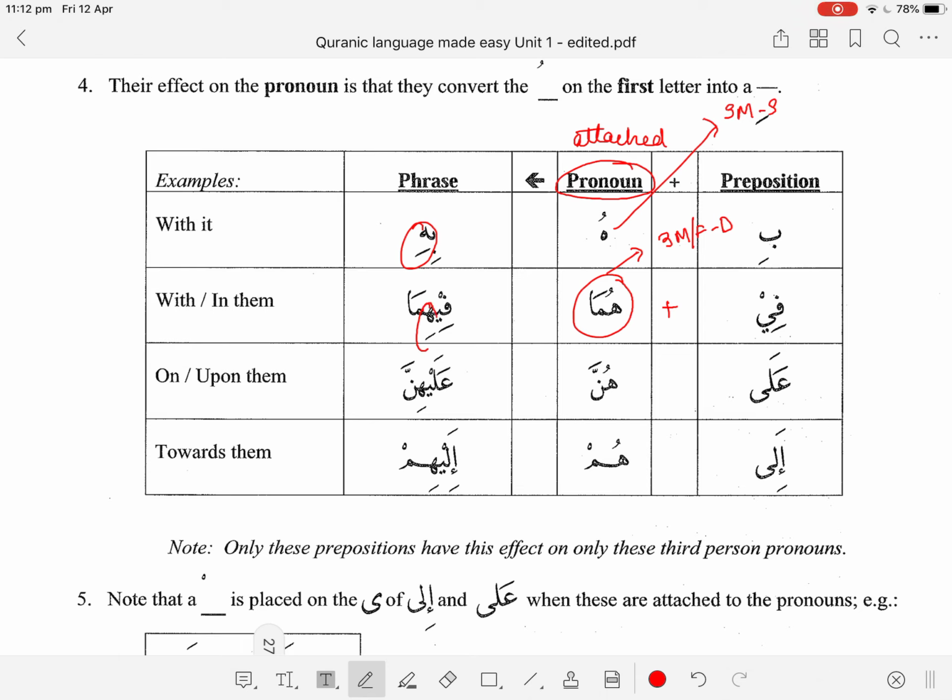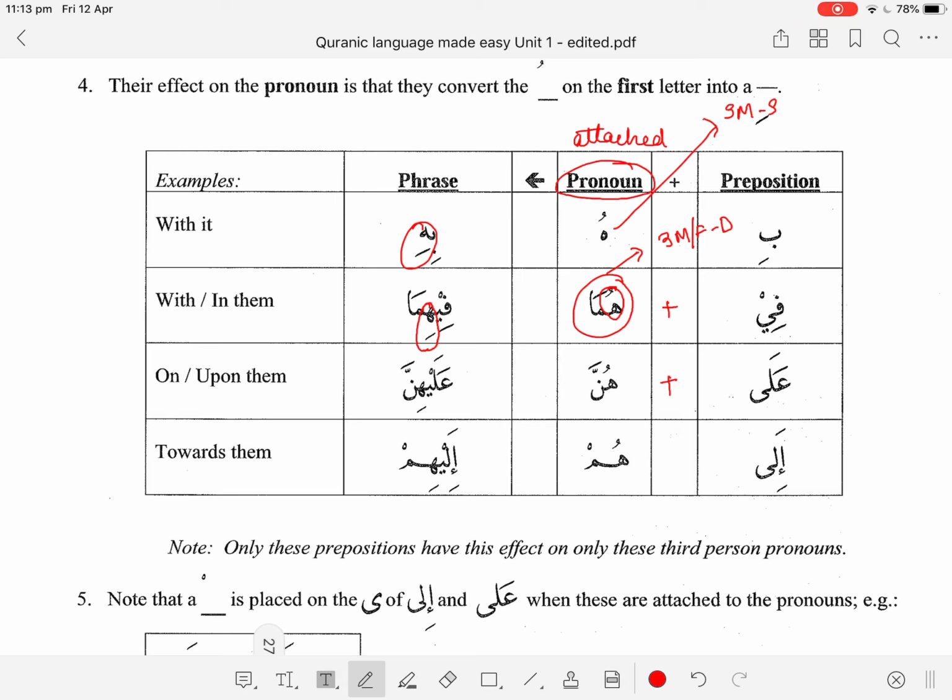So again, notice the change has occurred in the ha, not on the last letter of the attached pronoun. So this u became an i here. So this is not fihumi, just let it sink in. Understand? This is not fihumi. This is fihima. So the dhamma becomes the kasra.